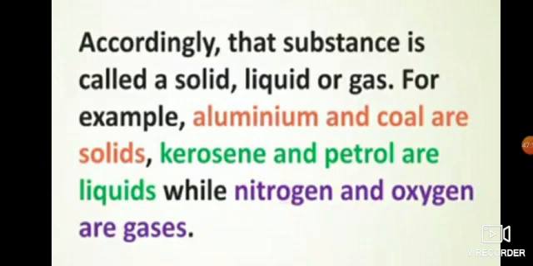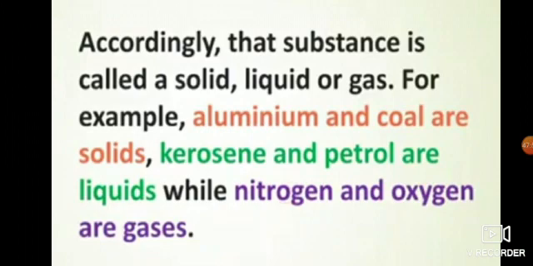And nitrogen and oxygen, naturally they are gases, so they will be like vapor, no? So these all have different properties, solid, liquid and gaseous. Why? Because they belong to different states.